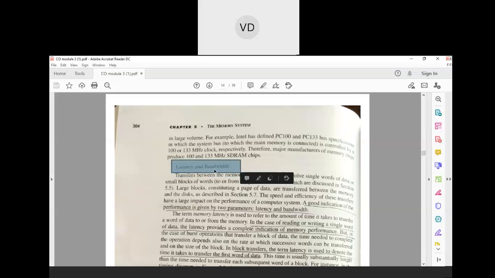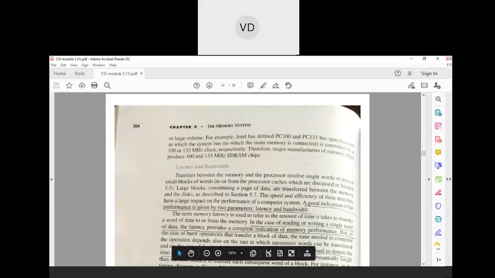Latency is termed as the delay. Latency means it is delay. This delay is different when you are transferring one byte of data at a time, one byte in the sense one word of data at a time, and a complete block of data at a time. So what is the latency when you are transferring a word of data?